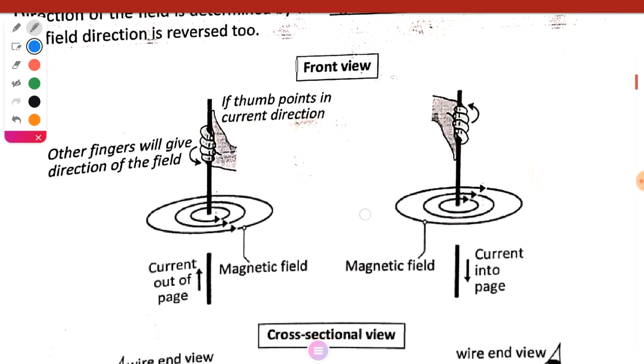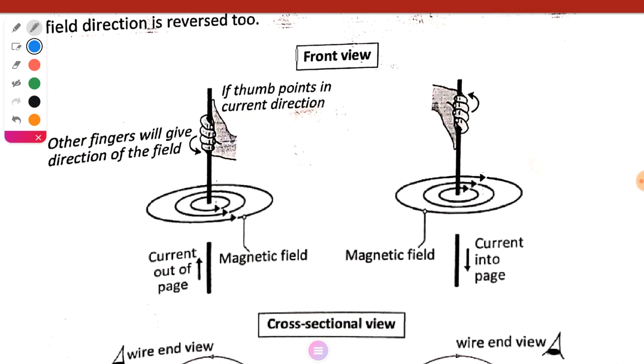Front view: if the thumb points in the current direction, the other fingers will give the direction of the field.